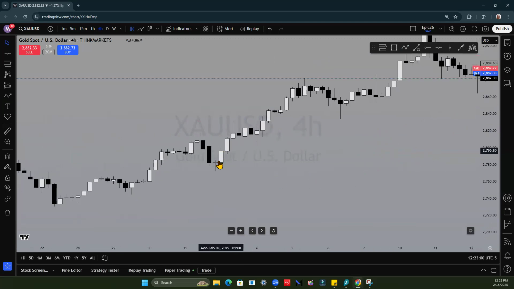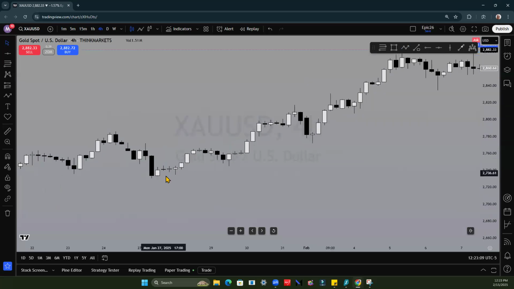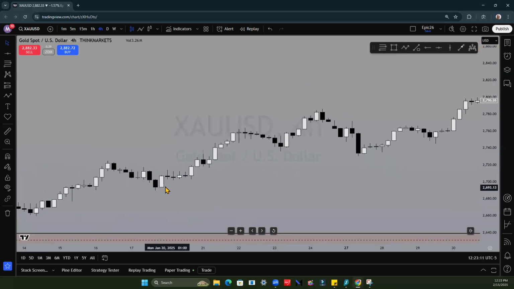Okay. This is considered a bullish engulfing candle. It's bigger than the candle before it. Okay. Matter of fact, there's multiple candles here that you can identify as a bullish engulfing candle. Bullish, bullish, bullish. It's called a bullish engulfing candle is what you're looking for.